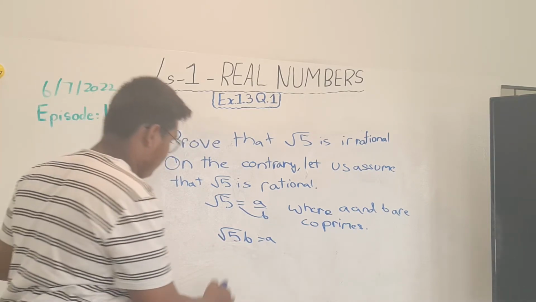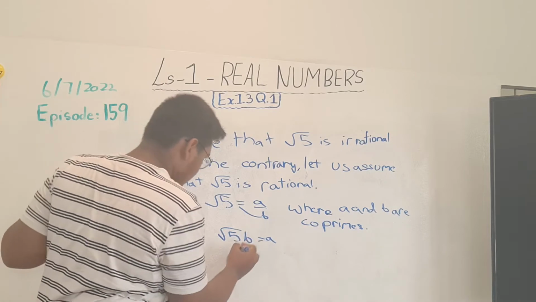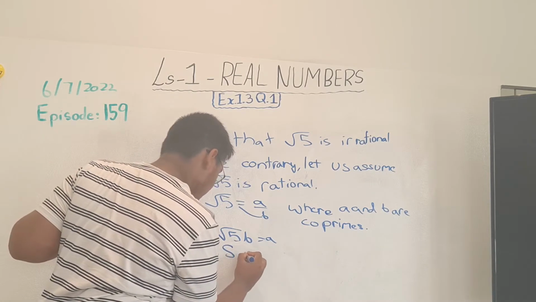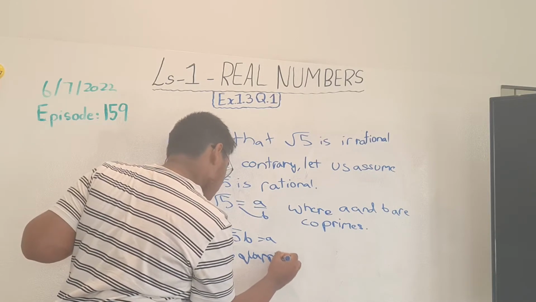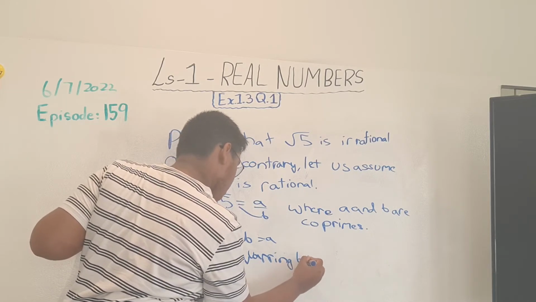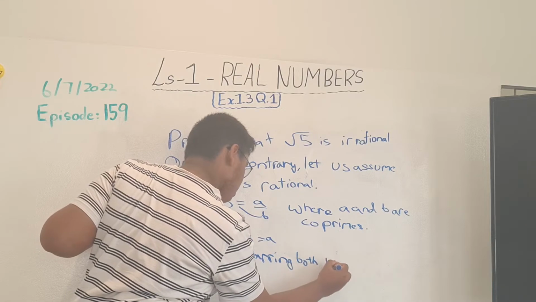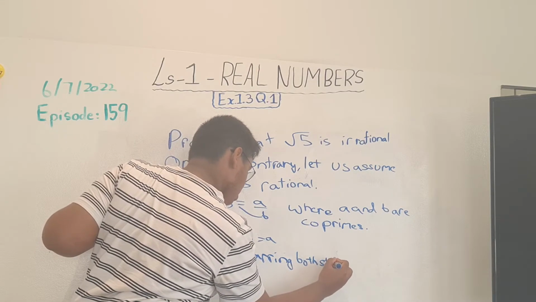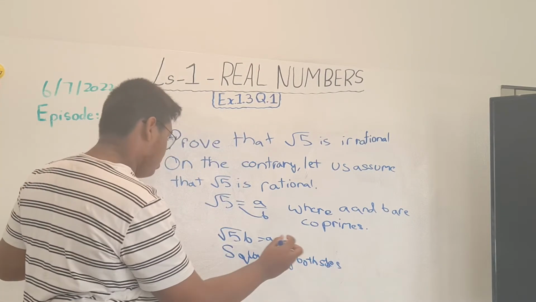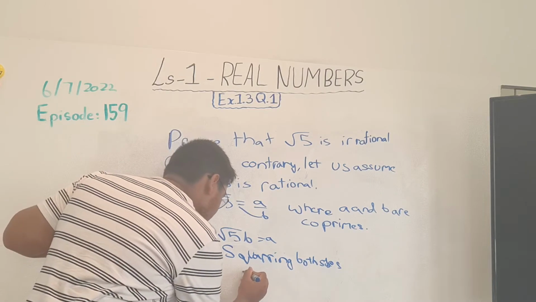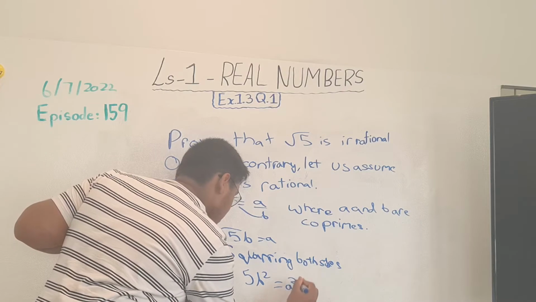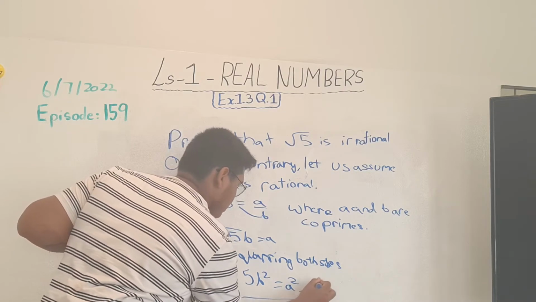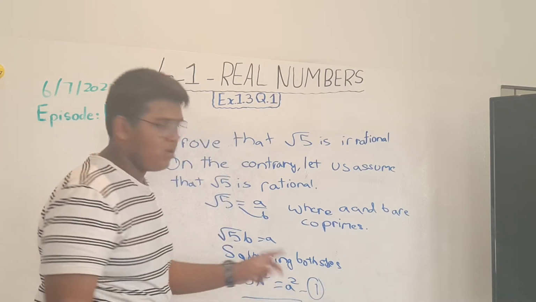Now in our next step, we square on both sides. Squaring both sides, this becomes 5b square equals a square. Let's take it as equation 1.